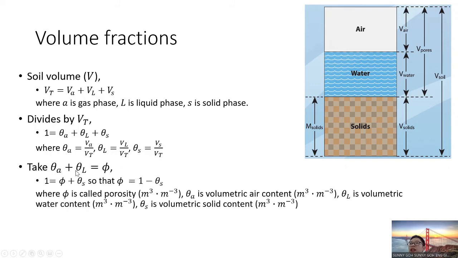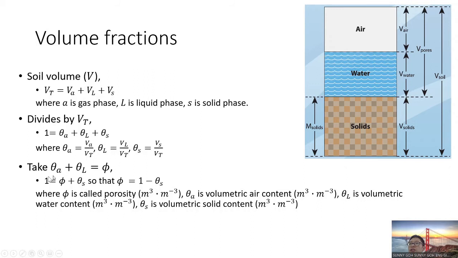All right, so if we sum together theta a, the air space, with theta l, the liquid space, we form a coefficient called phi. This phi is what we call porosity. So in this case, we can simplify the equation into 1 equals phi, the porosity, which equals theta a plus theta l, and then of course phi plus theta s, where theta s is the solid. All right.